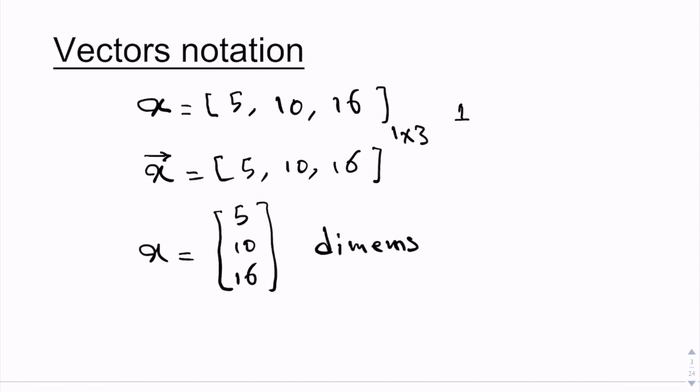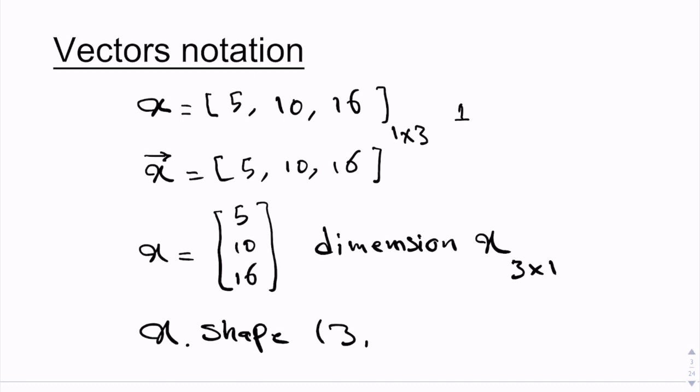And the dimension of this vector x here is 3 by 1, right? But in NumPy, vectors are usually defined as one-dimensional. So if you get x.shape in Python, that would be (3,), something like this.